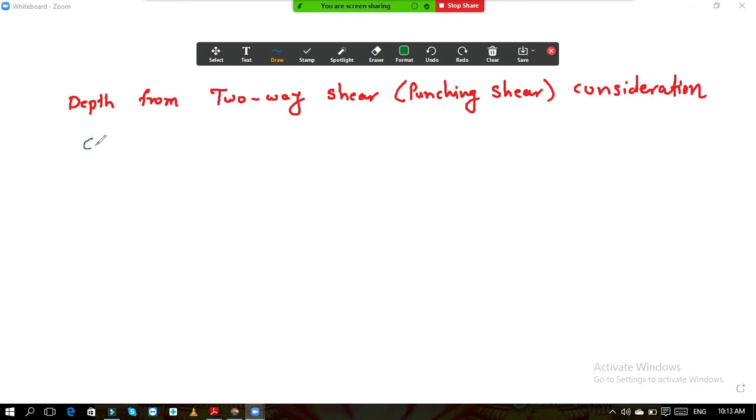So I will write here: critical section is at a distance of d by 2 from the face of column.